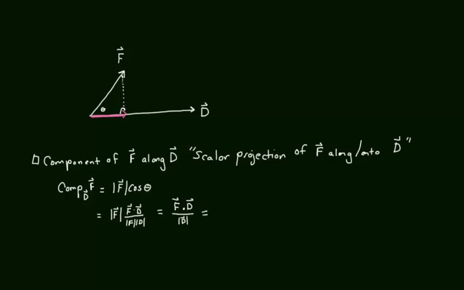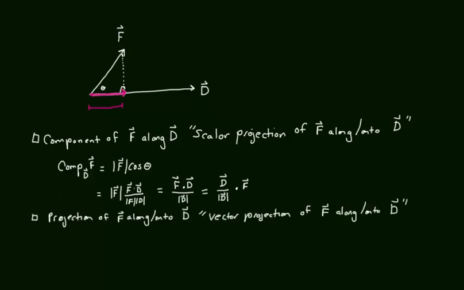It can be written that way, and it is often written like this as well. Vector d over the magnitude of vector d dot vector f. Again, this is a scalar, and it gives us the distance from here to here of this vector, which is also called the projection vector, which is exactly what we're going to find now, the special way to express that projection vector.